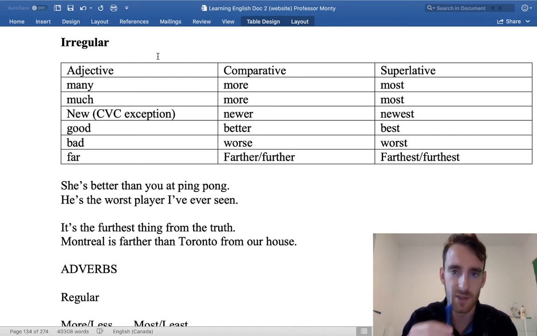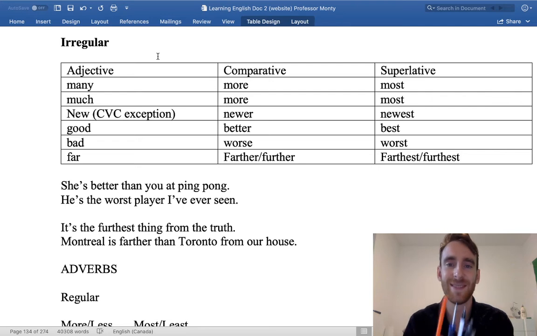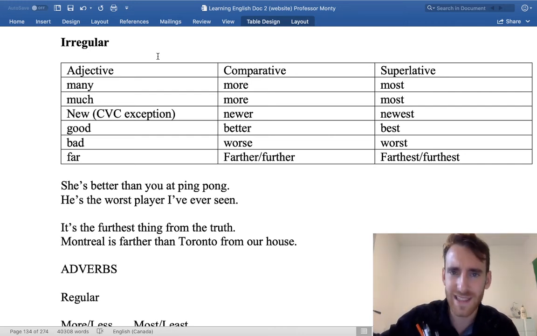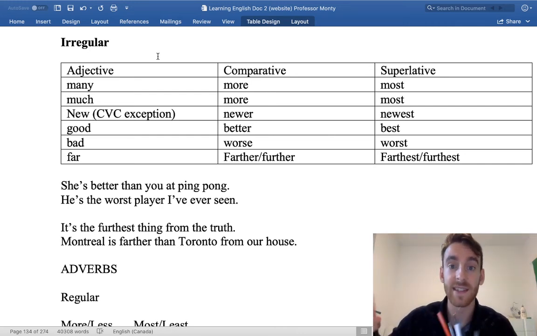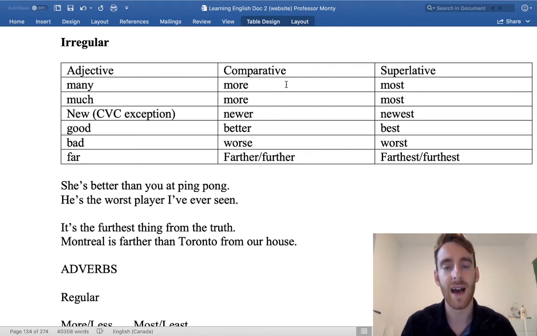This is not a pen, let's pretend it is, it's a screwdriver. So all these pens, let's pretend these are all pens. I have many pens. Now I want to compare the quantity that I have with someone else. I can say I have more pens than Julie. Or I have less pens than Julie.